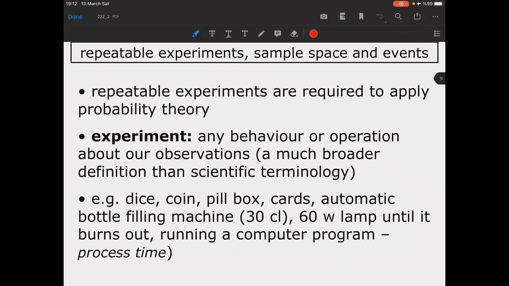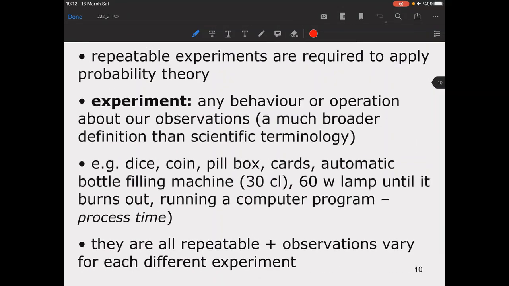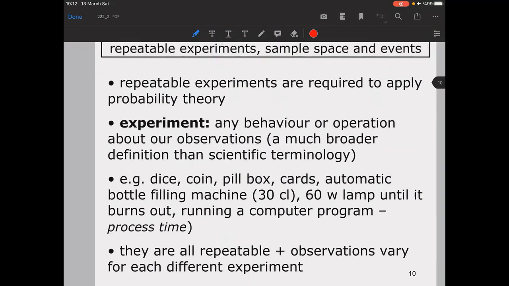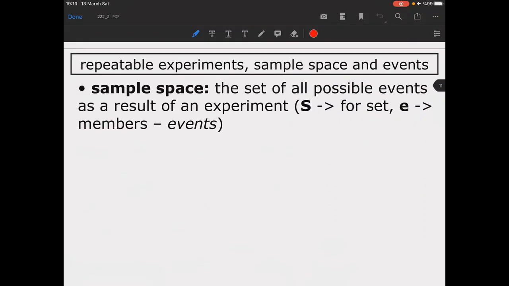Or suppose we're talking about a 60-watt lamp, and we're curious about how long it takes until it burns out, or the runtime of a computer program, for example, the process time of a computer. Anything like this would be an experiment. That's the idea. Now, they're all repeatable, and also observations vary for each different experiment.